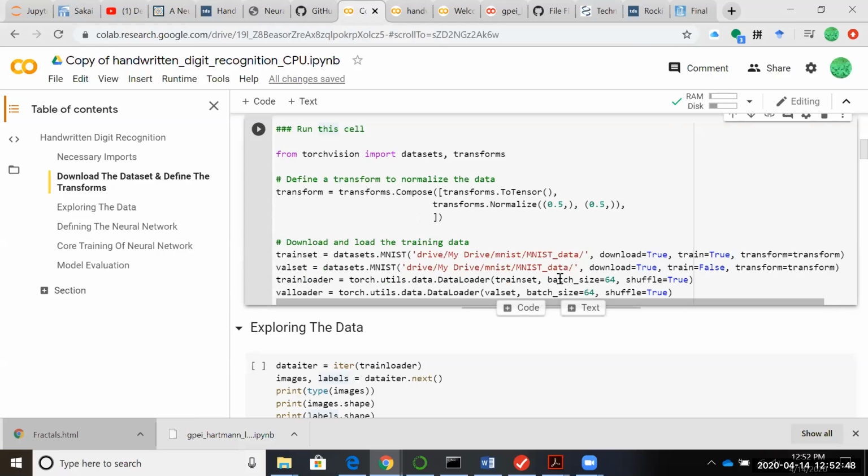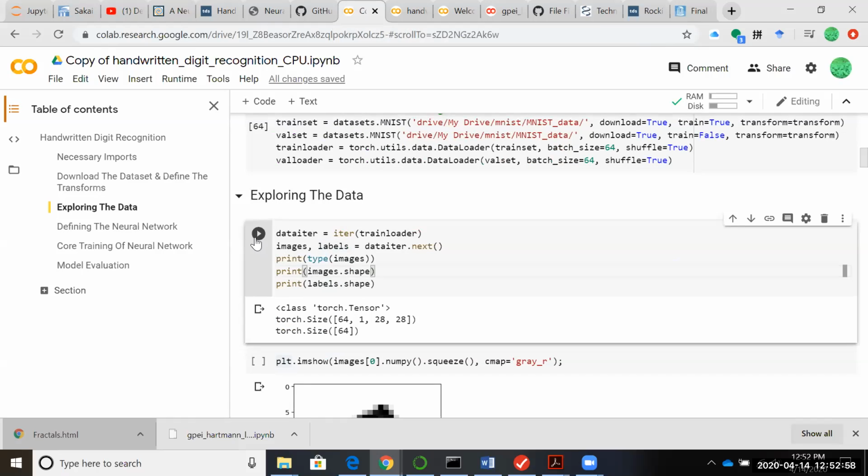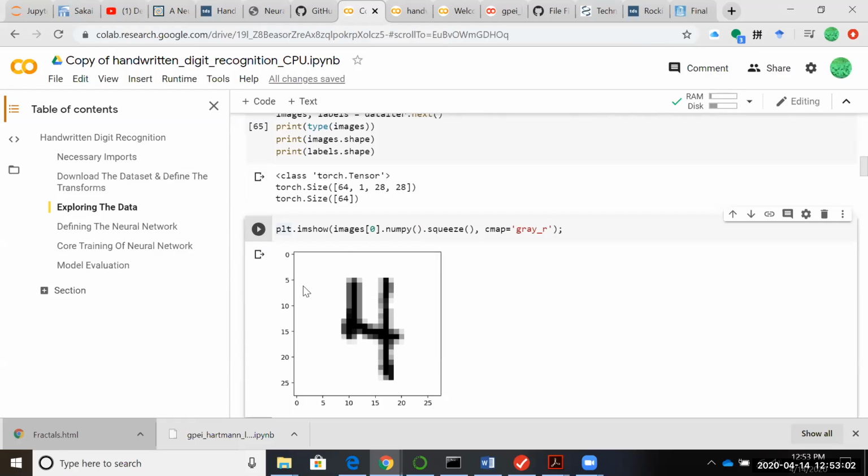For example, here the batch size is 64, right? You actually can use a different size, but let's stick with 64 for a moment. And then exploring the data, print out the first image. And my first image is 4. What do you guys get? If it's your first time running it, loading the data may take a while. I got 4.